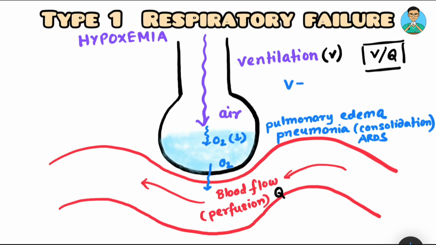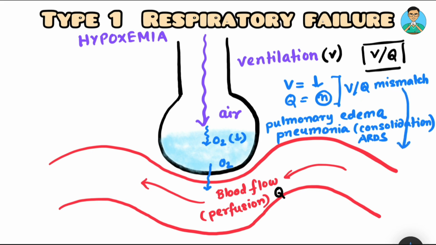What is happening? The ventilation is low for a normal level of perfusion. In that case, there is a VQ mismatch, and this VQ mismatch, having less oxygen, is causing hypoxemia. This ventilation perfusion mismatch has less oxygen in blood, leading to hypoxemia. So this is your mechanism 1, that is a VQ mismatch.